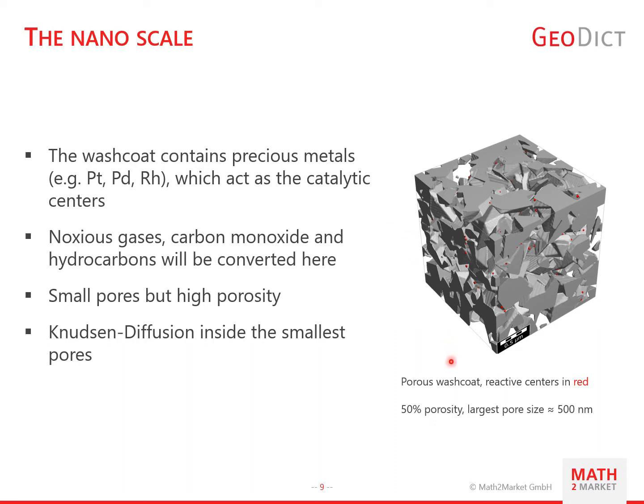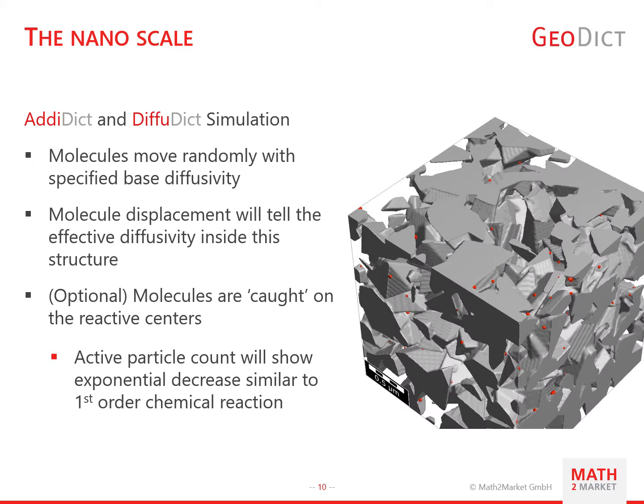Bear in mind that with pore sizes so small, we may have the Knudsen diffusion regime. That means our molecules will hit the walls rather than other molecules. We can simulate this kind of diffusion in GeoDict: we simply take molecules and move them around randomly based on their diffusivity.